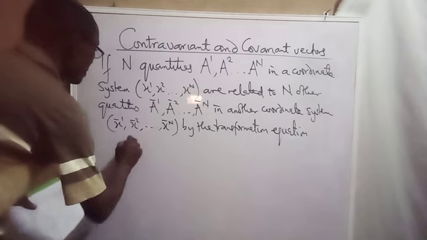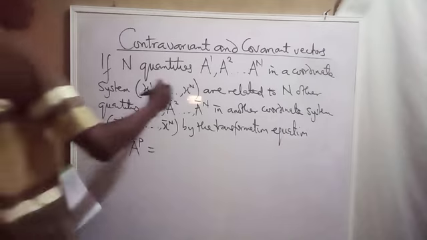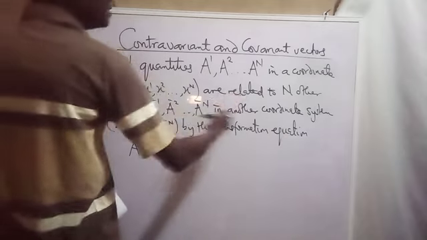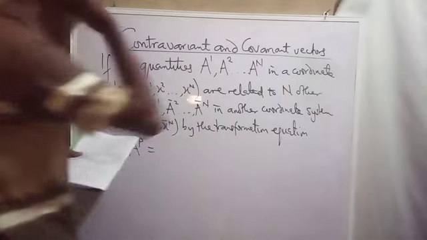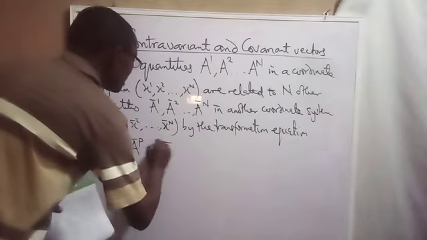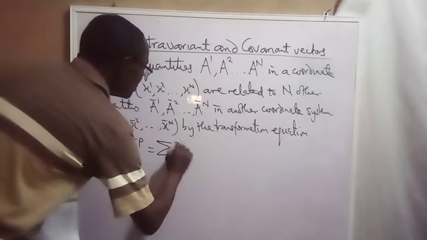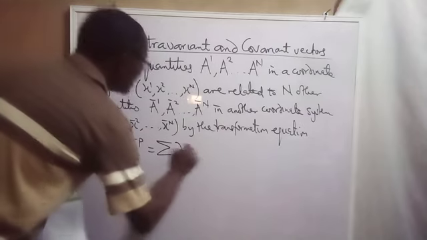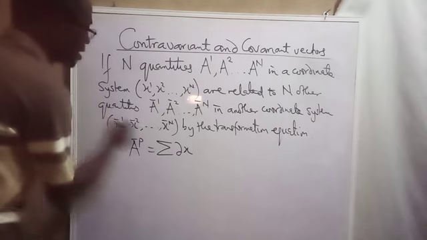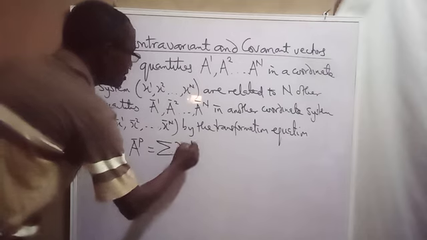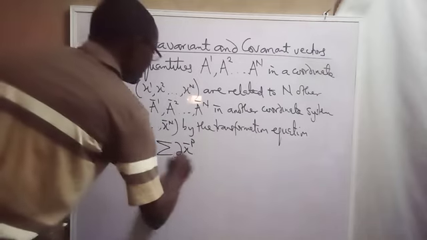So in this case, we have A bar P. This P is a summary for the n quantities, so P is going to be 1 to n, and you're going to see a summation. Now the partial derivative of a coordinate system here, the bar P, all over.